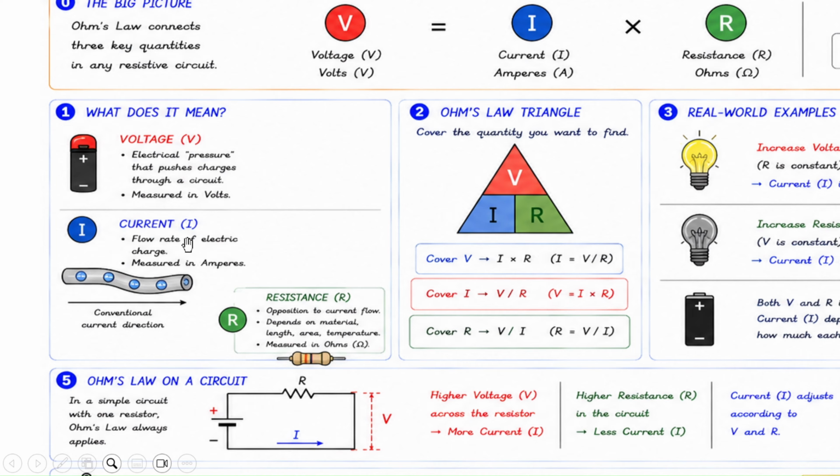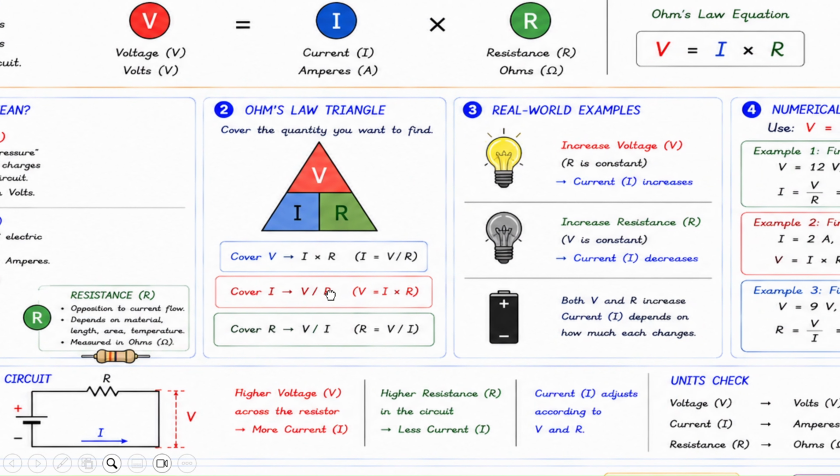The voltage strengthens the current, whereas if you increase the resistance, you're going to lower the current. So it works the opposite way, and we will see why in a bit.